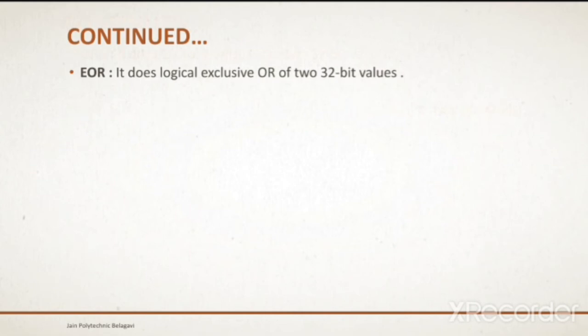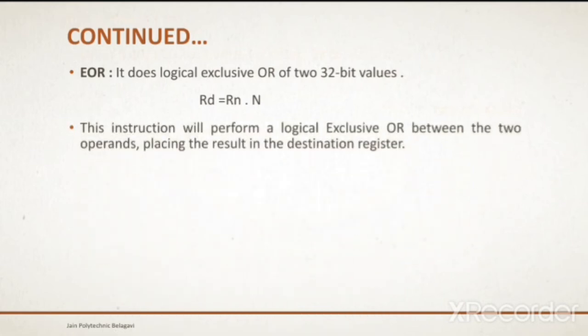The next instruction is EOR. It does logical exclusive OR of two 32-bit values, that is Rd is equal to Rn XOR N. This instruction will perform a logical exclusive OR between the two operands, placing the result in the destination register. EOR R0, R1, R2.